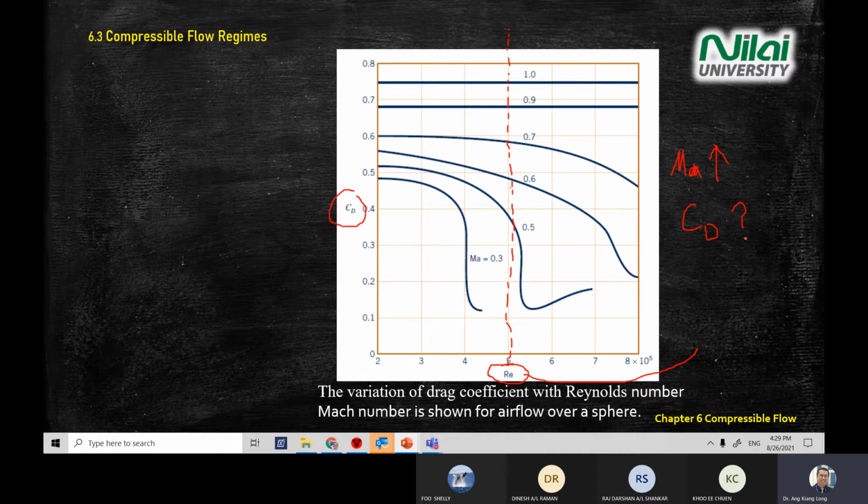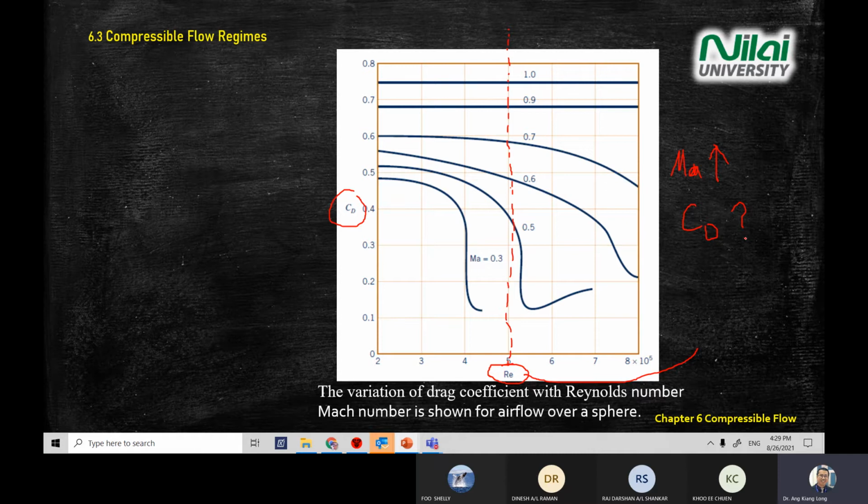My question is, when you increase the Mach number from 0.5, 0.6, 0.7, 0.9, and 1, is the CD value increasing or reducing? I will just refer to one Reynolds number and then tell me what happened to CD.